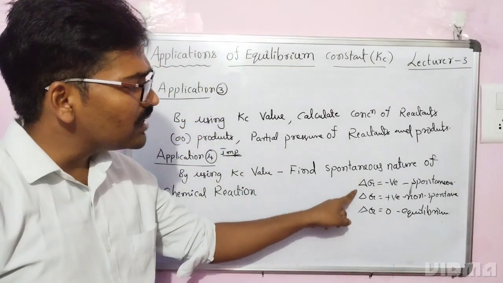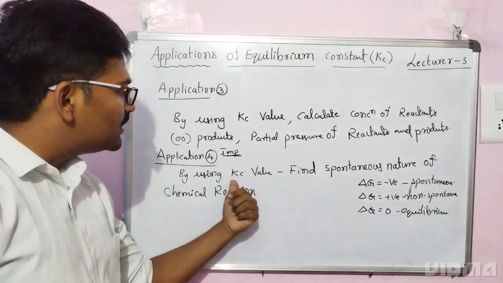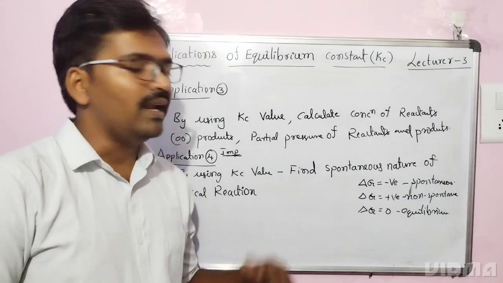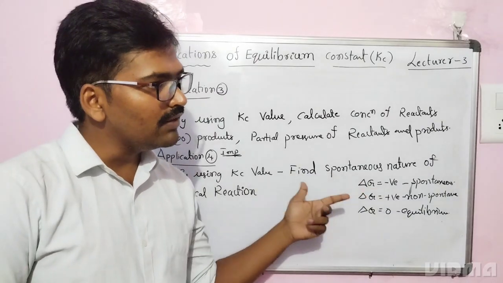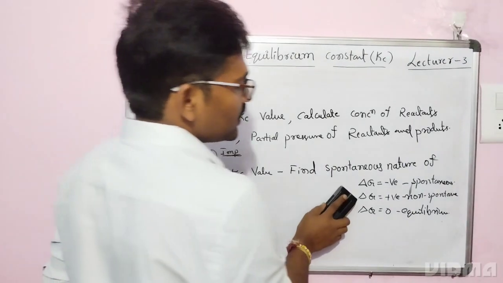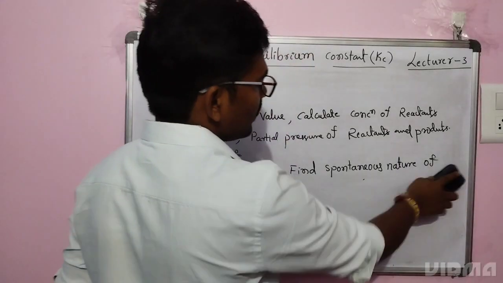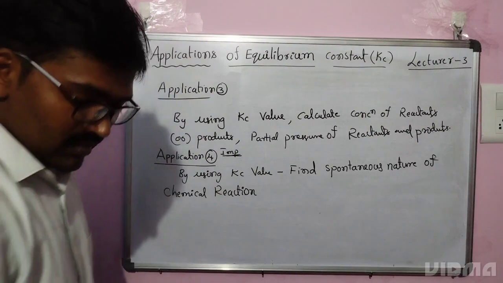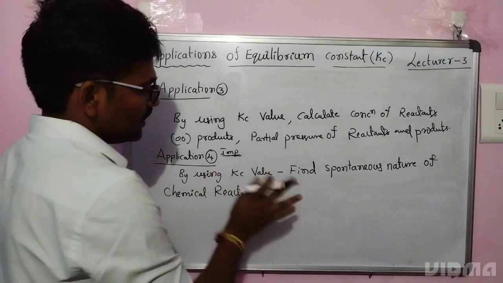Then how is delta G related with Kc? That we have to discuss. Look at how delta G is related with Kc.